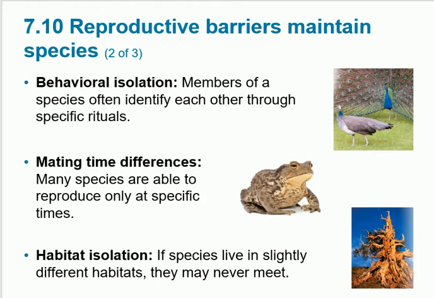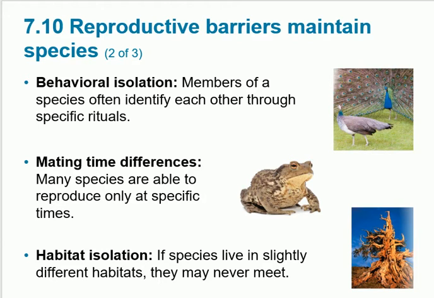So can those two come close to each other? Do you get the idea? No, they will not. Why? Because the mating time is different. They only come close to each other at a certain time, not the whole year long. So if the time for this and that are different, this is another reproductive barrier.